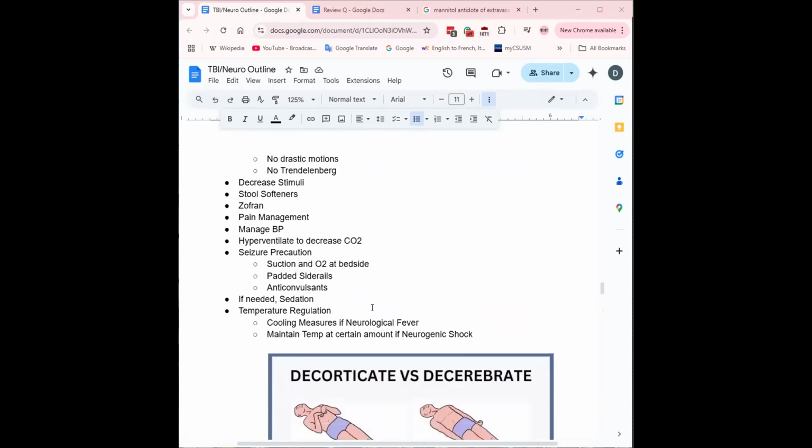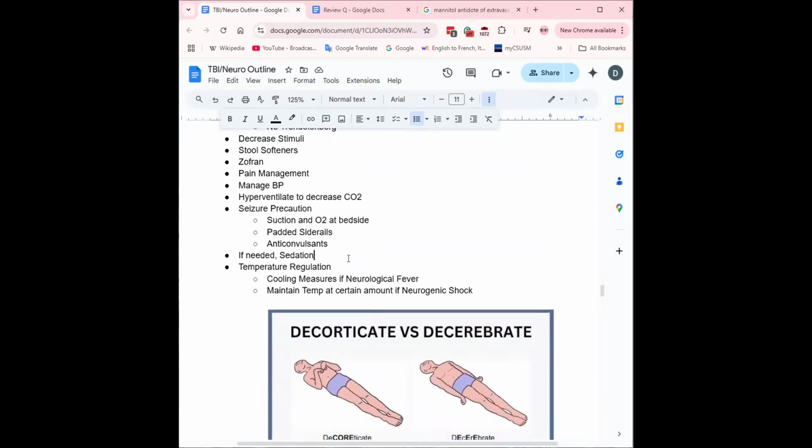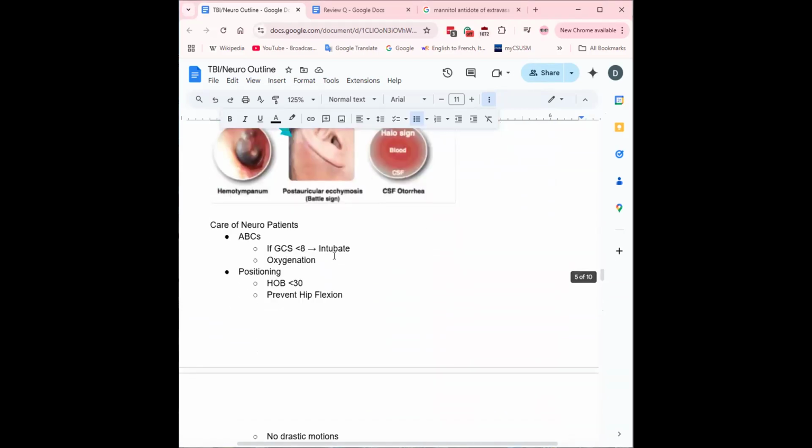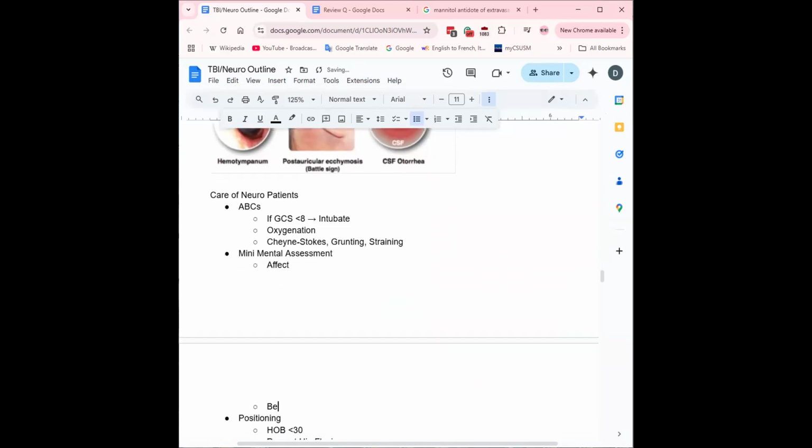Other things that we talked about: temperature regulation, sedation, ABCs, airway, Cheyne-Stokes, grunting, straining. We also have the other ABCs, so the mini mental assessment: affect, behavior, cognition.